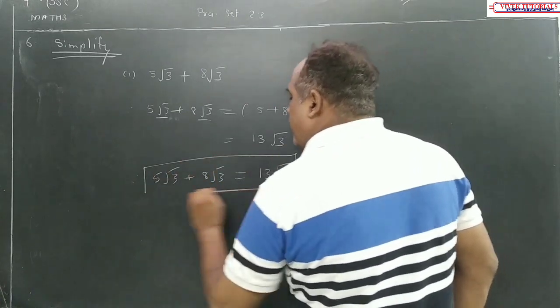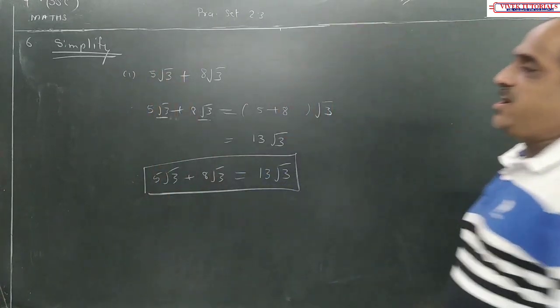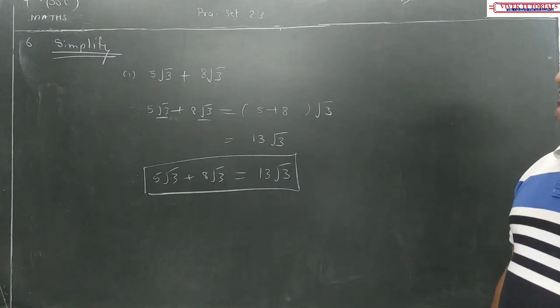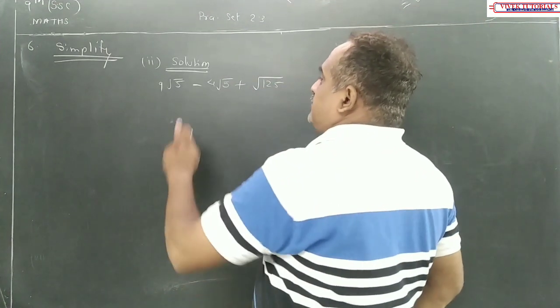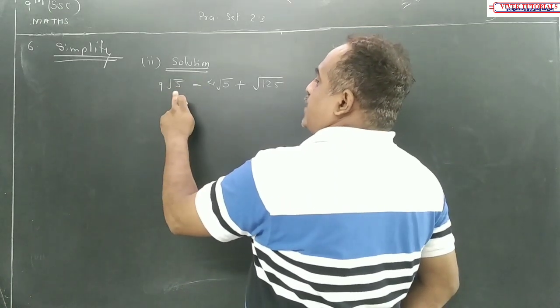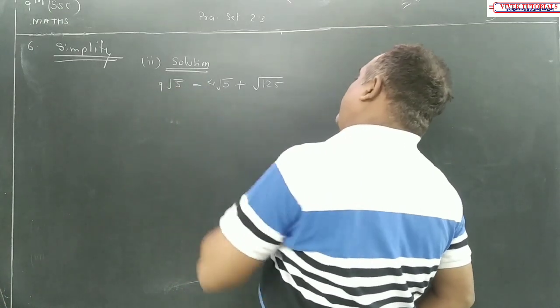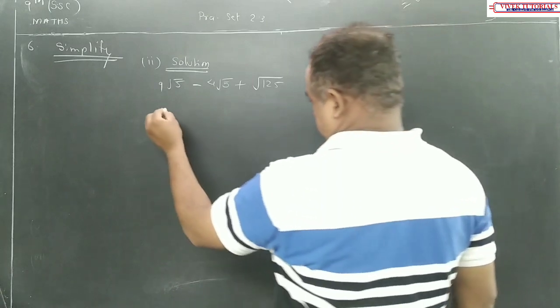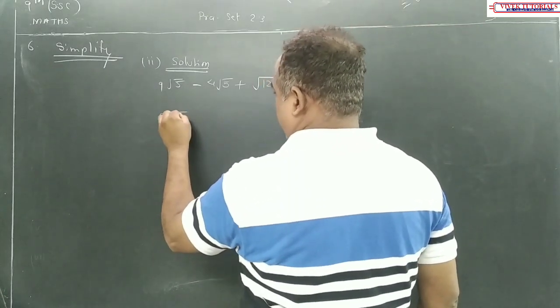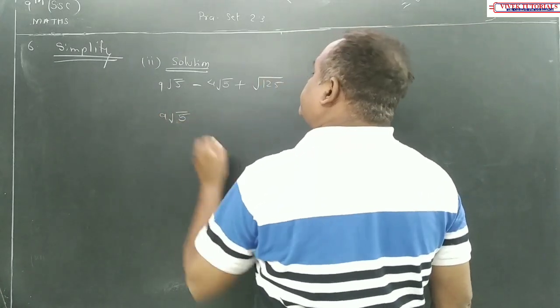It is a simple form of what? It is a simplification of this given pair of surds. Copy down it properly. Now, second question. It is 9 root 5 minus 5 root 5 plus 125. So 9 root 5, it is in mixed form.